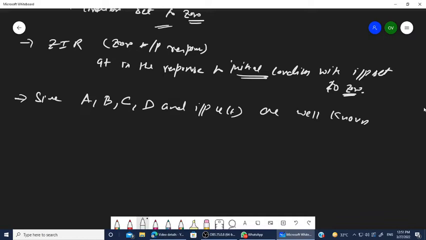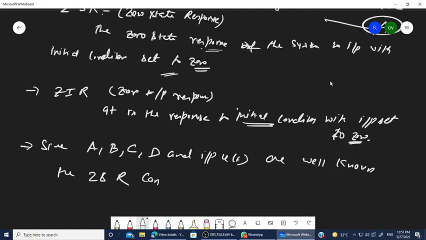So what we have to do is, the zero state response ZSR can be determined. ZSR means you are going to find the response when the initial condition is 0.